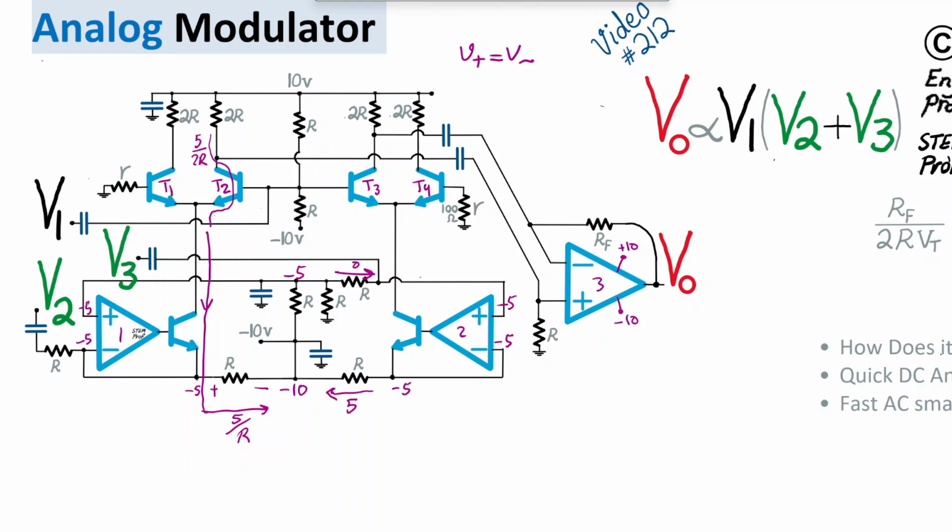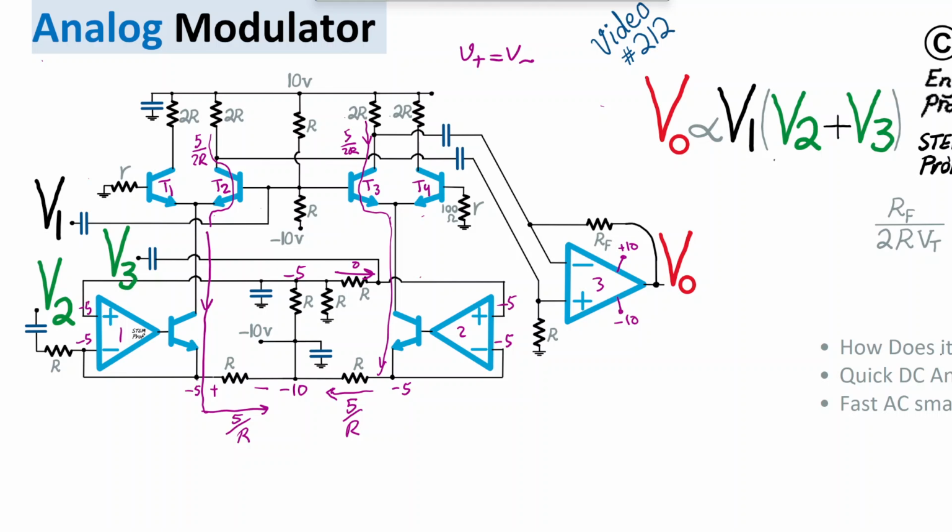So the voltage drop across R is 5 volt, therefore the current is 5 over R. That current is flowing this way, and as a result, half of it, because of matched transistors in the same die and package, these transistors will have half of that current. So I'm going to show it this way again. There you go. So 5 over 2R is passing through transistor T3.